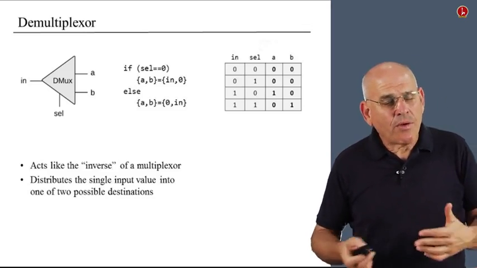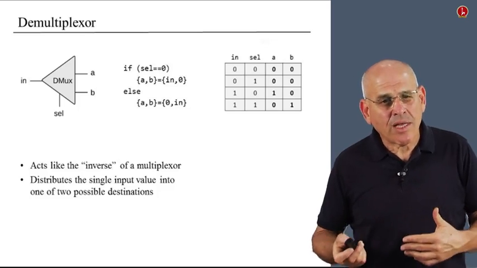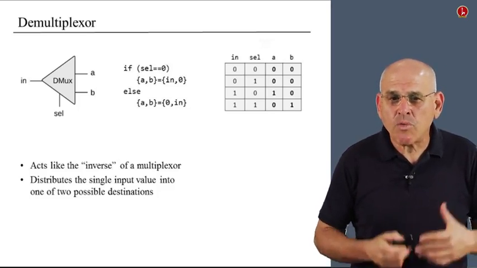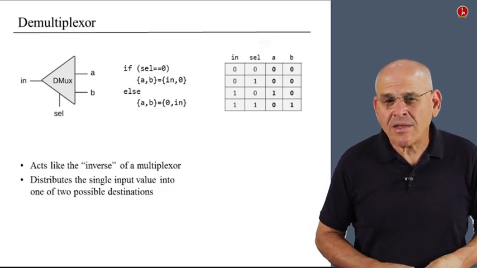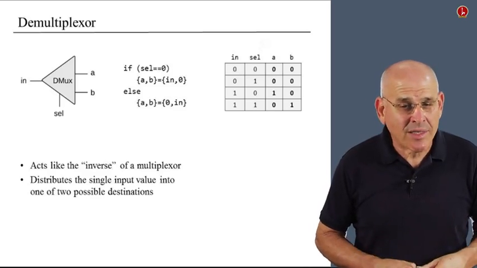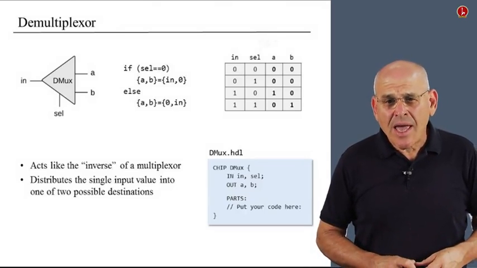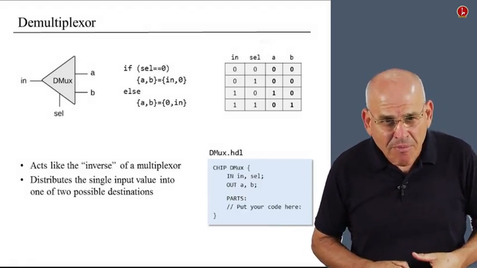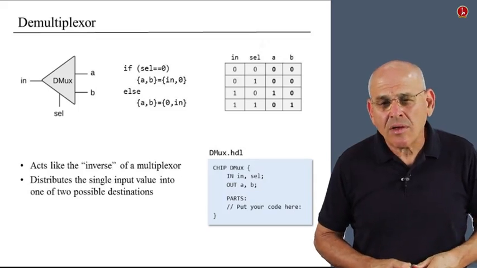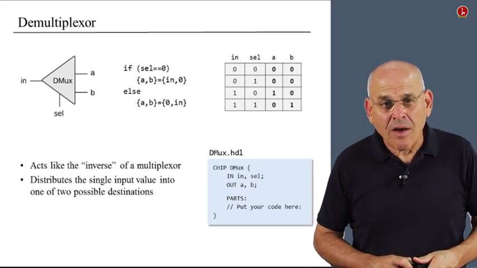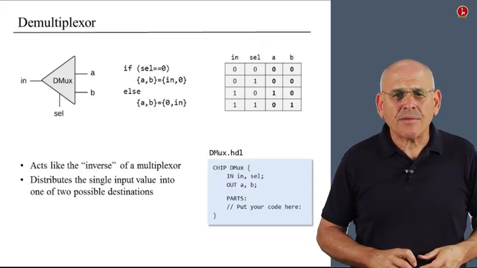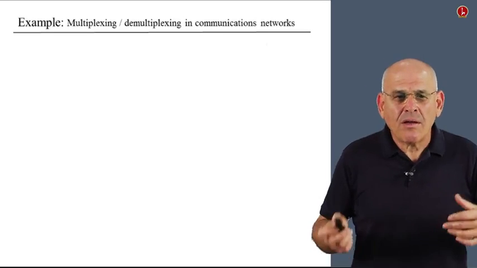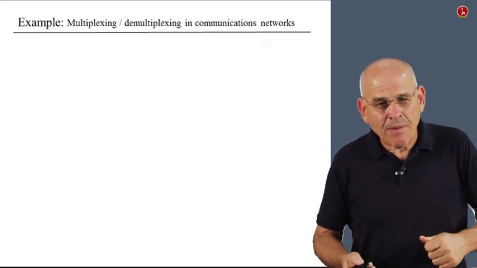Just like we said about the multiplexer, demultiplexing is also something which is widely used in digital design projects as well as in communication networks. You are going to get the stub file, and you actually have to implement the logic in HDL.